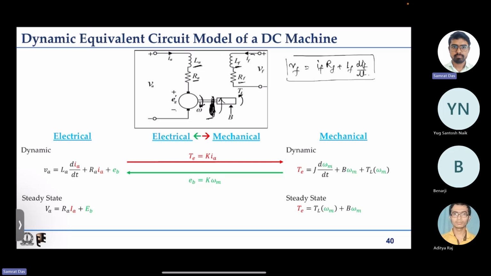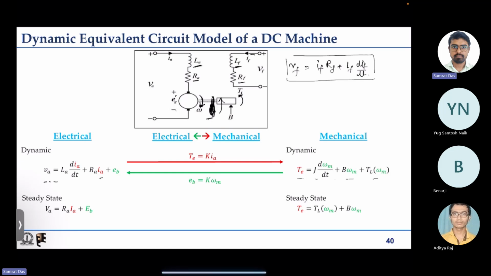The armature circuit model is VA equal to LA dIA dt plus RA IA plus EB, and the mechanical equation is TE equal to J d omega dt plus B omega plus TL, where TL is load torque. Now, the electrical and the mechanical equations interact. How do they interact? They interact like this, as I have shown here.